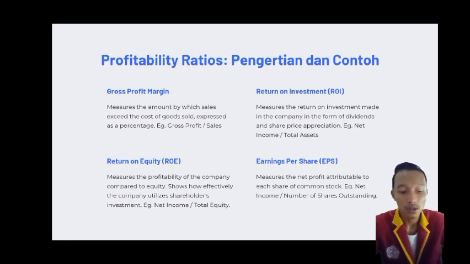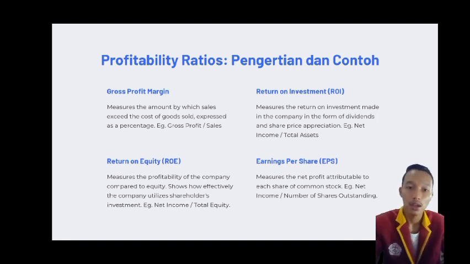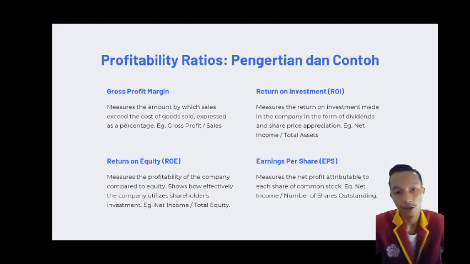Point number 4, earnings per share or EPS measures the net profit attributable to each share of common stock, as net income over number of shares outstanding.